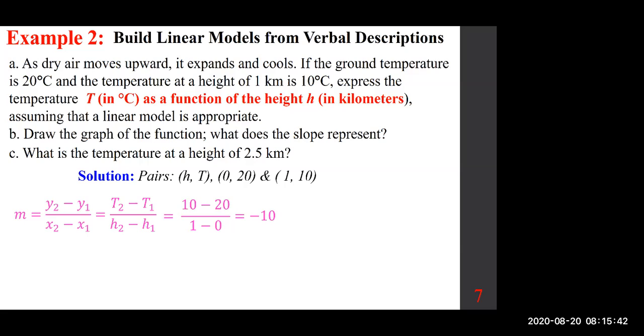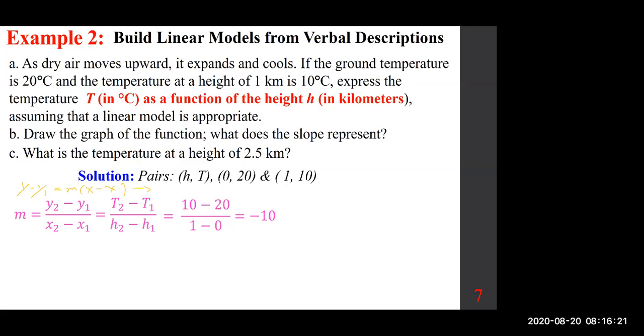In the previous page, I gave you the formula y minus y1, okay? Let me just write it up here, maybe with a different color. This one, okay. So y minus y1 equals m times x minus x sub 1. Now class, we are going to use the variables that we have here, okay?